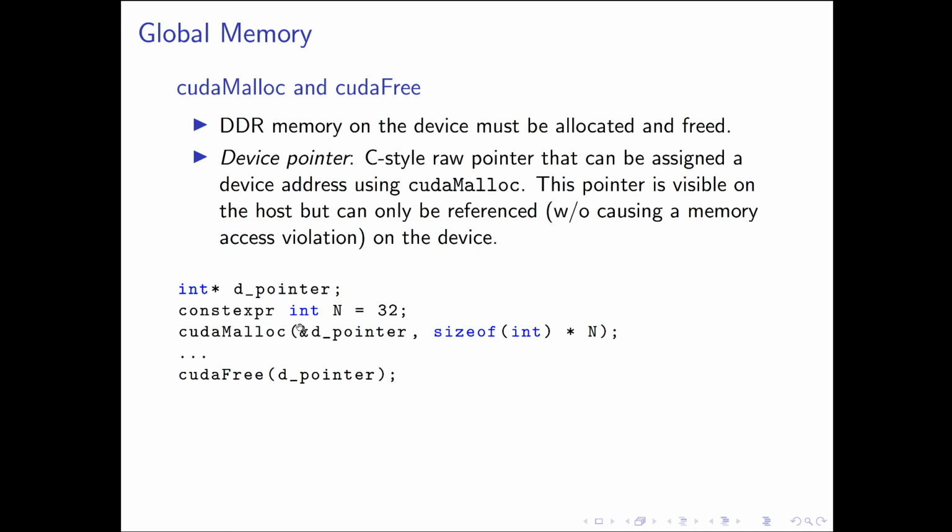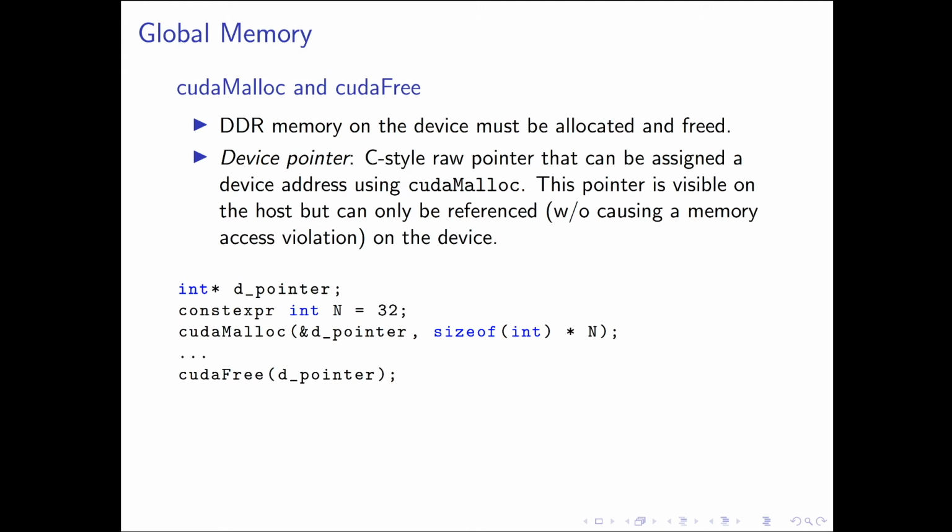Then I have this device pointer, and the device pointer is visible on the host, so all this here is host code. But if I were to dereference that device pointer on the host, there would be a memory access violation, because the address that the pointer points to is not within the address space of the host, but within the address space of the device, which just has a different address space.